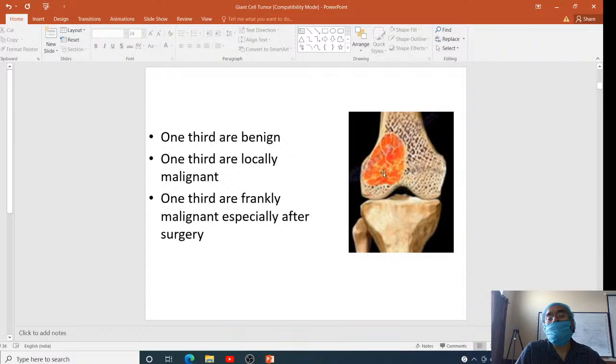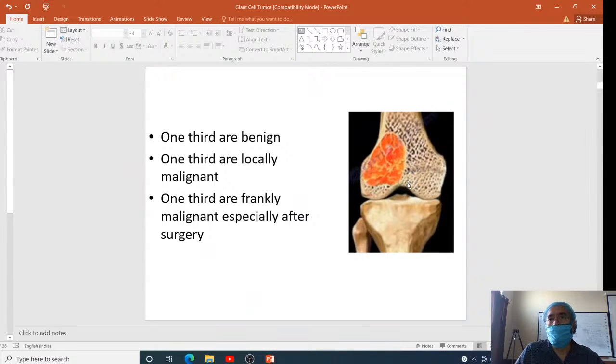Coming to other things, all of you can see, this is which bone? This is lower end femur, and this upper end tibia. This is the fibula. So common in and around the knees.